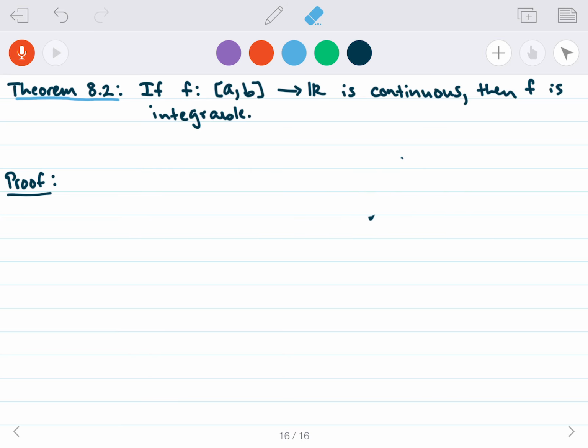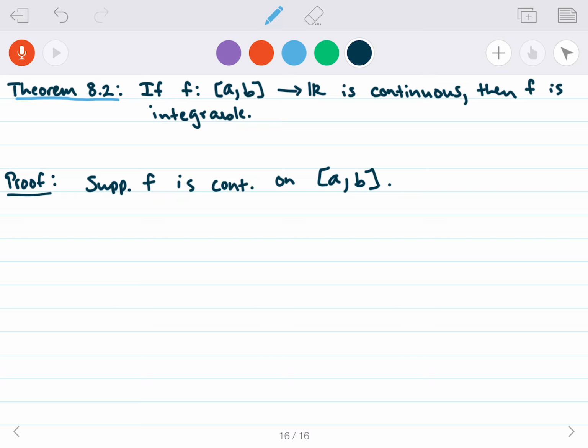So that's the difference between this and differentiability. Okay, so let's go ahead and prove it. We only have one direction to prove, just the forward direction. So we're going to suppose that f is continuous on [a, b].